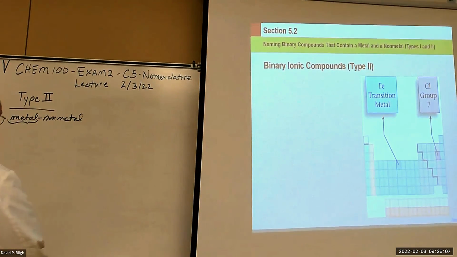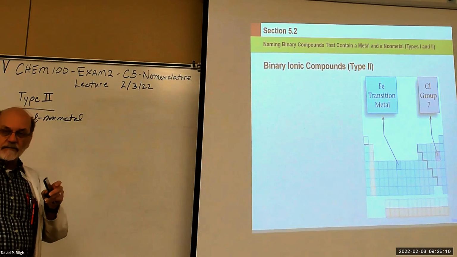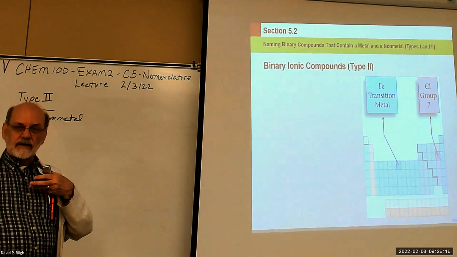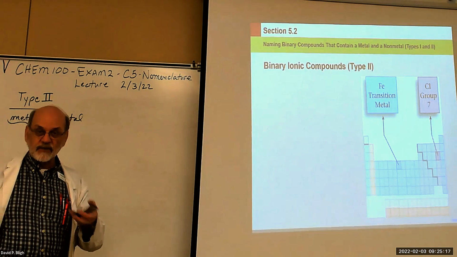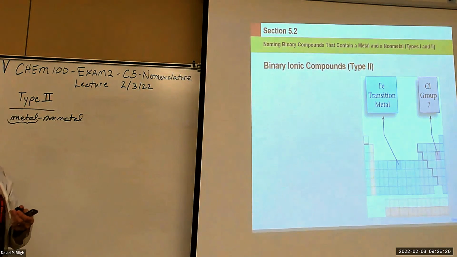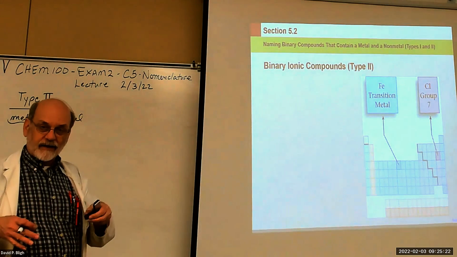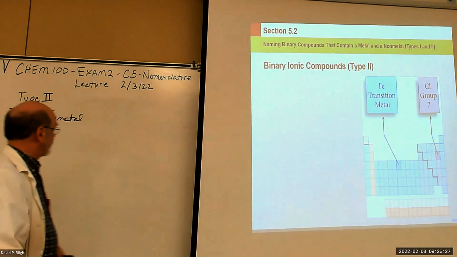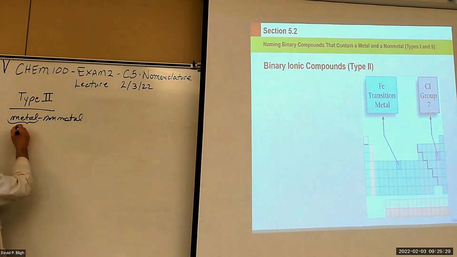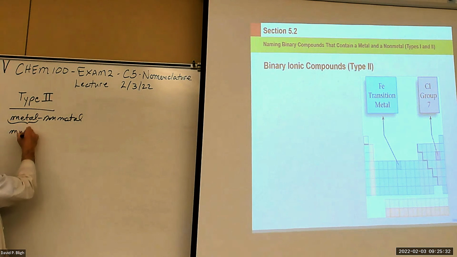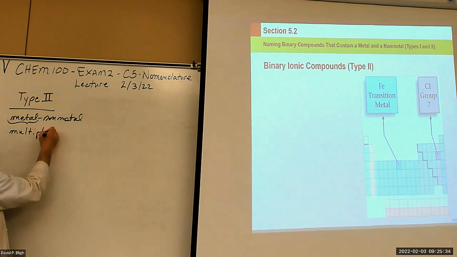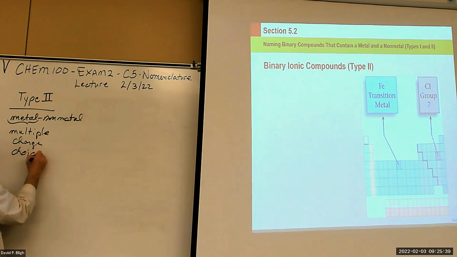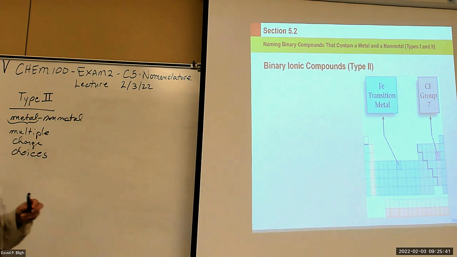We've still got metal, non-metal, but now with a type 2 compound, the metal could have 2 or more different charges possible. Now, it won't have those multiple charges in the same compound. It just has 2 or more choices. Okay? So if there's multiple charge choices, then we use the type 2 convention.